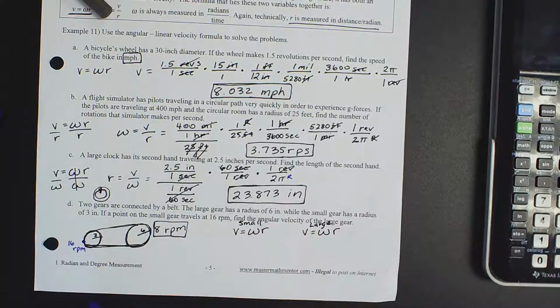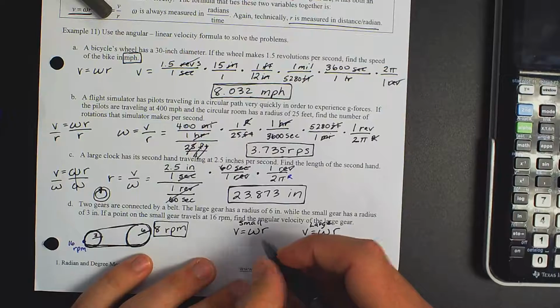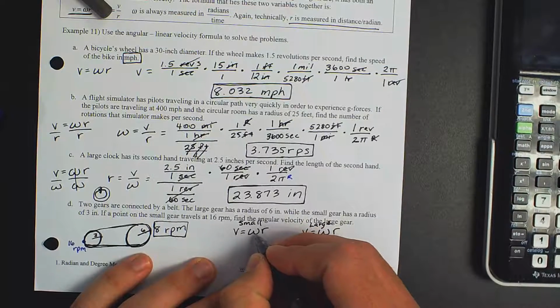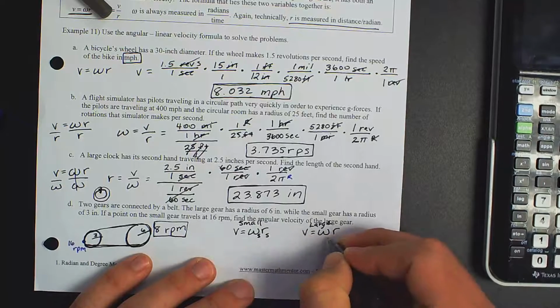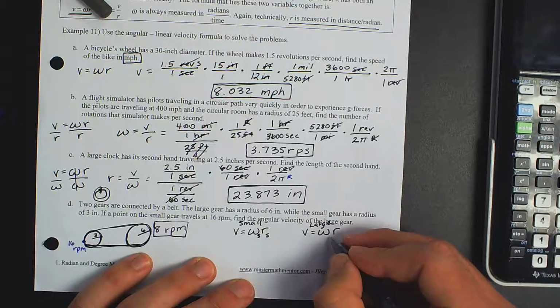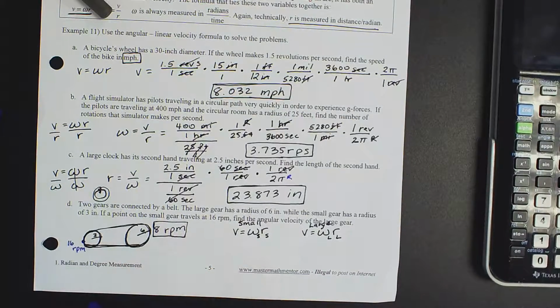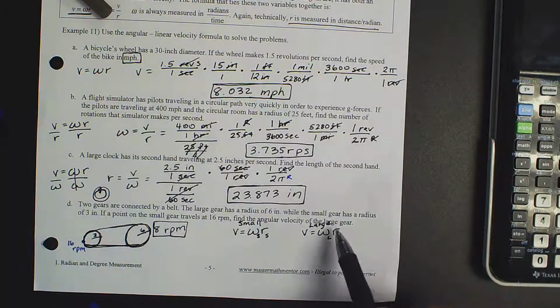Small gear, large gear. So for the small gear, let's label it omega sub s and radius sub s, and we'll name this omega sub L and radius sub L. So we're just giving it some labels because we want to be able to tell the difference in these.